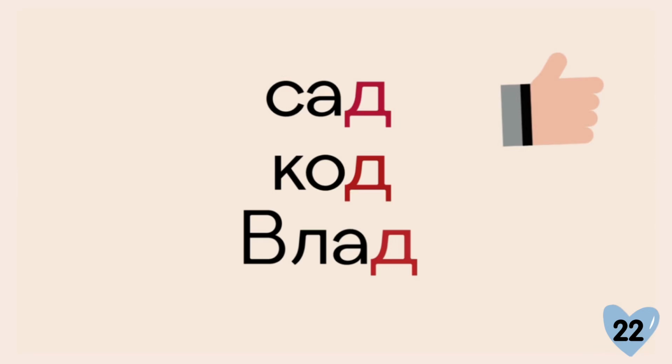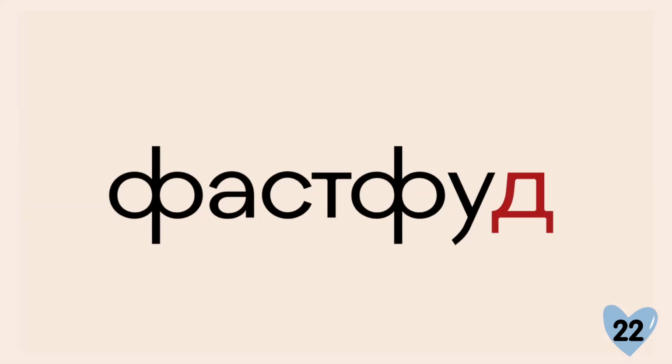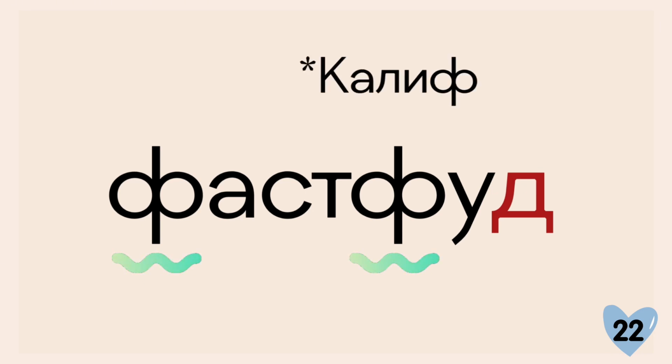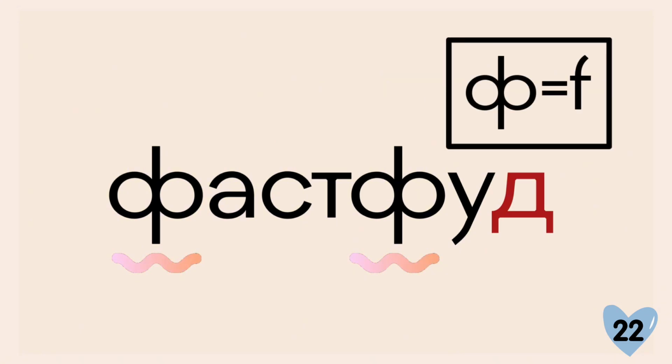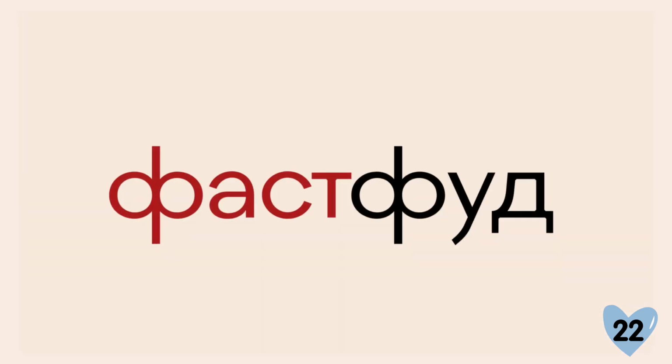Now, let's try a longer word. This word has the letter F, like in California, the state. Don't rush, just read the word. Let's read this word together. Fast food.